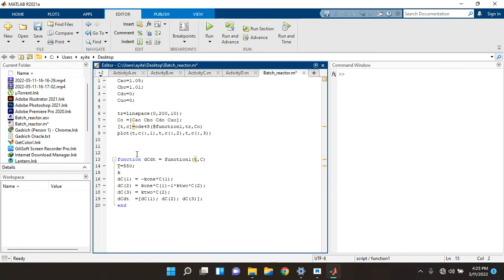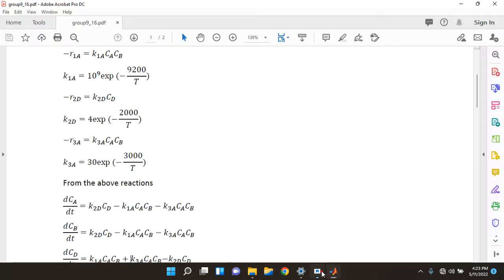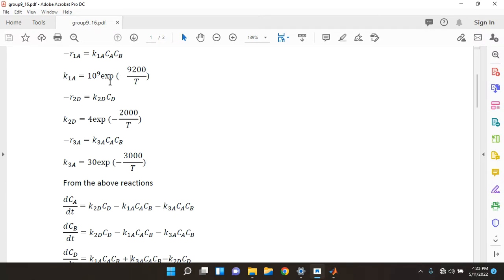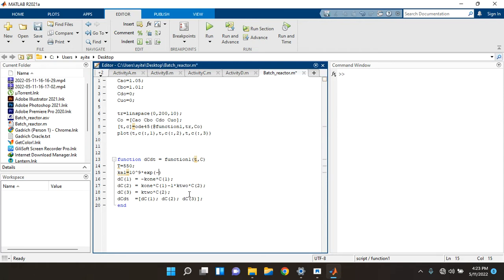Maybe you can name it KA1, which is equal to 10 exponent 9 times exponential of minus 9200 over t, where the t is our temperature. So that's for the KA1.